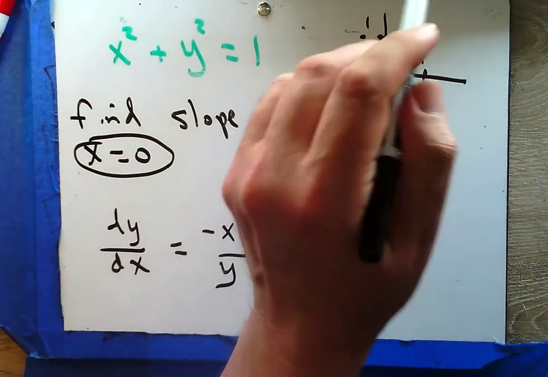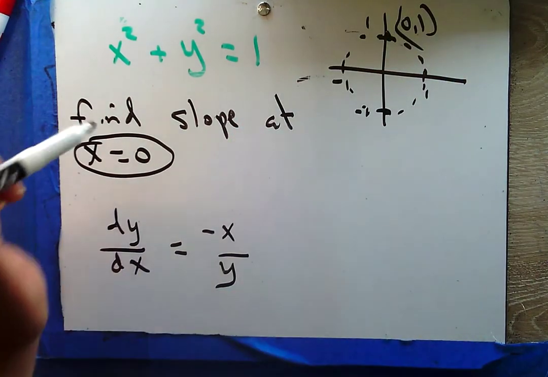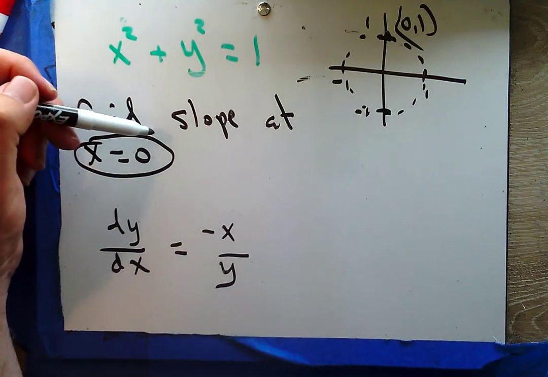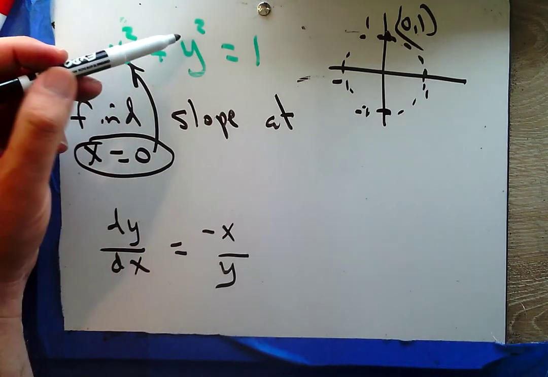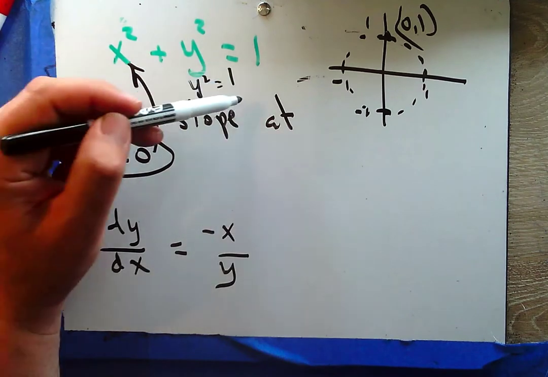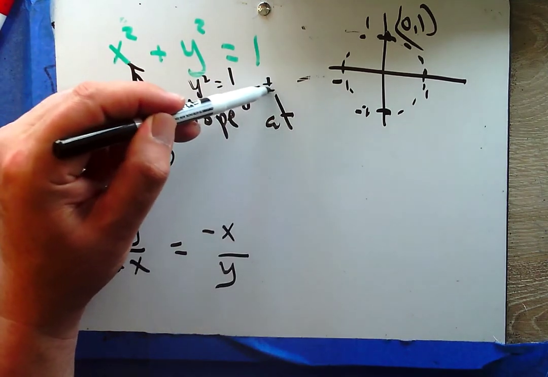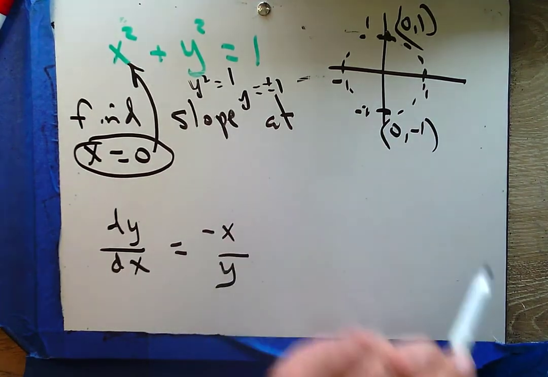Well, we know our unit circle, and we know this is 0, 1. But I can also, and this is the way you're more frequently going to do it, plug that 0 in there and solve for y. So I get y squared equals 1, or y equals plus and minus 1. Oh, that's right, there's another one down here.